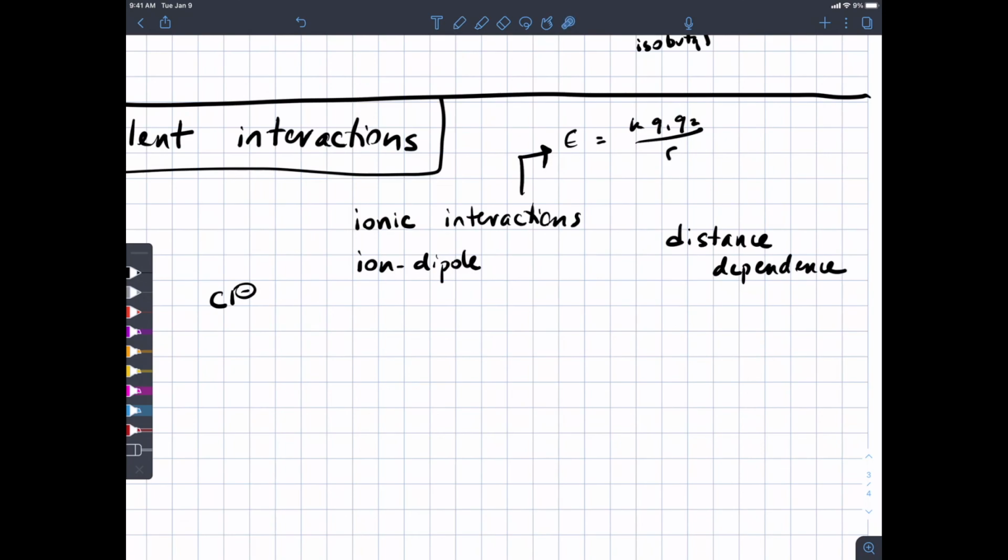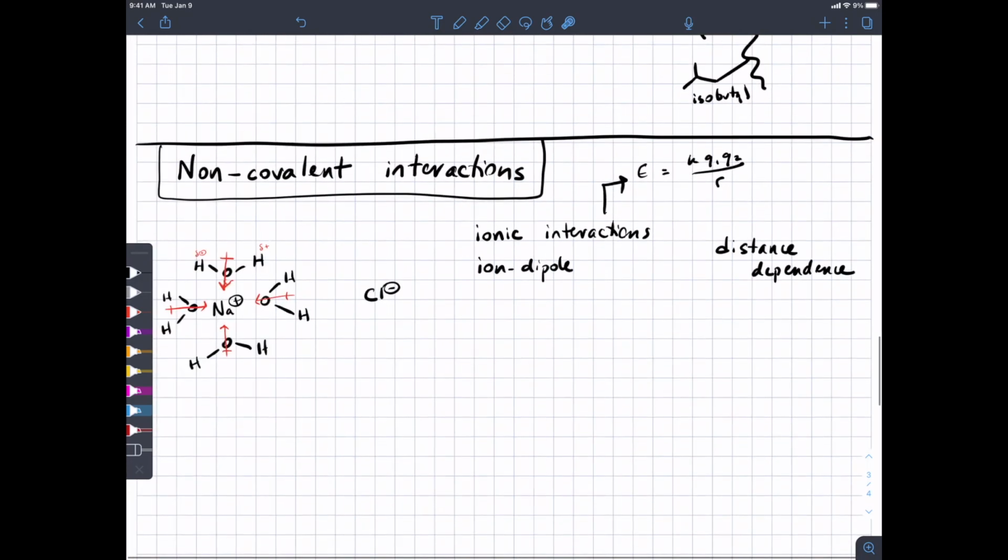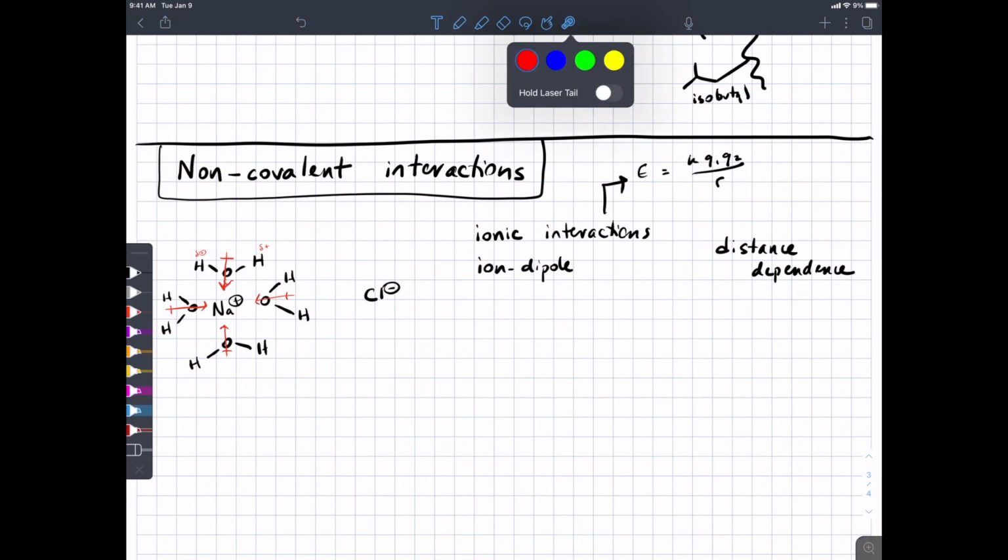This constant includes pi and the permittivity of the vacuum stuff, but the energy of this interaction falls off as the charges get farther away from each other. We won't talk about the math, but you can look it up. As we go from point charges to dipoles, the distance dependence gets stronger. We get more R's in the denominator, so the interactions fall off faster with distance.